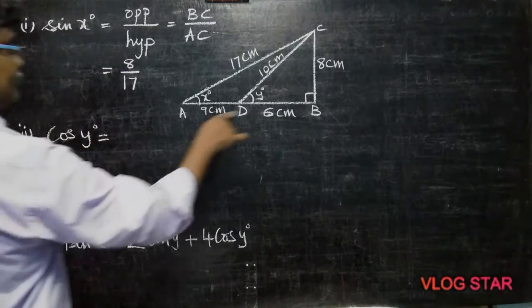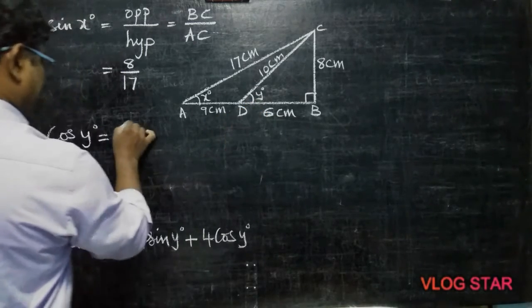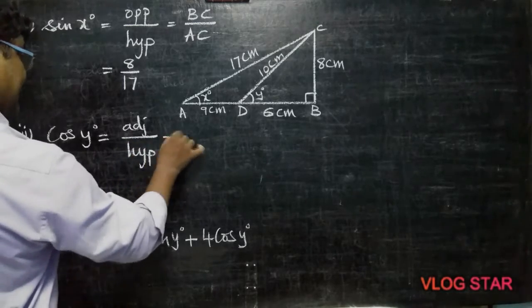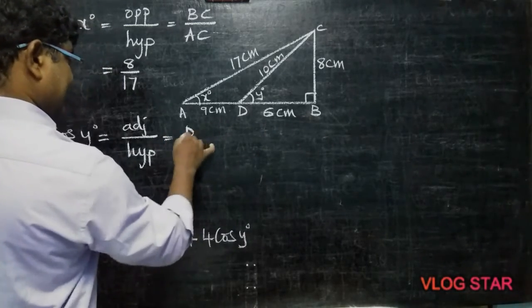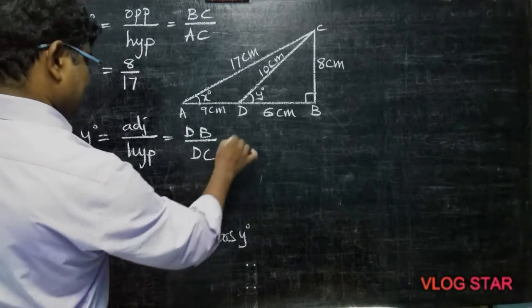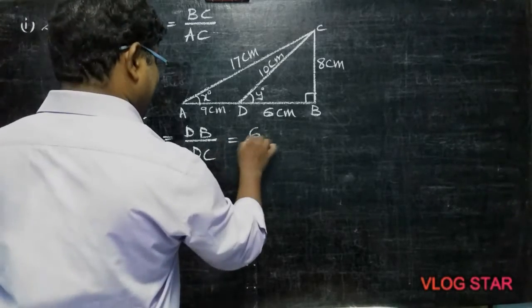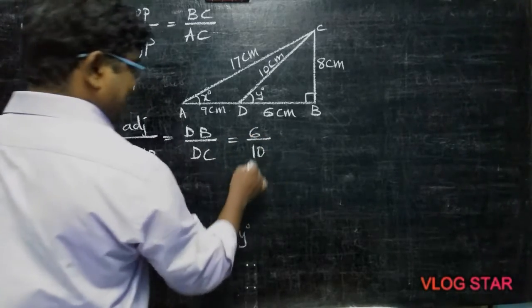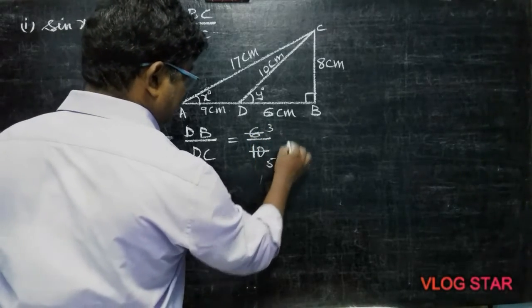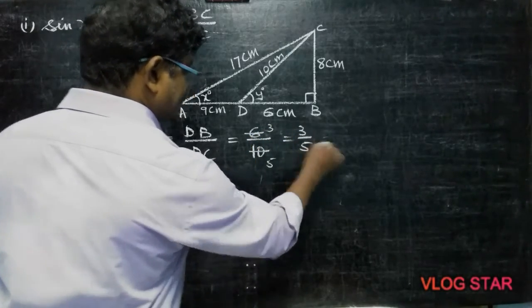Coming to cos y. Here y is there. Adjacent side to y by hypotenuse. Here the adjacent side is DB and the hypotenuse is DC. So 6 by 10. Here cancellation is there. 2 goes 3 times, 2 goes 5 times. 3 by 5 is the answer.